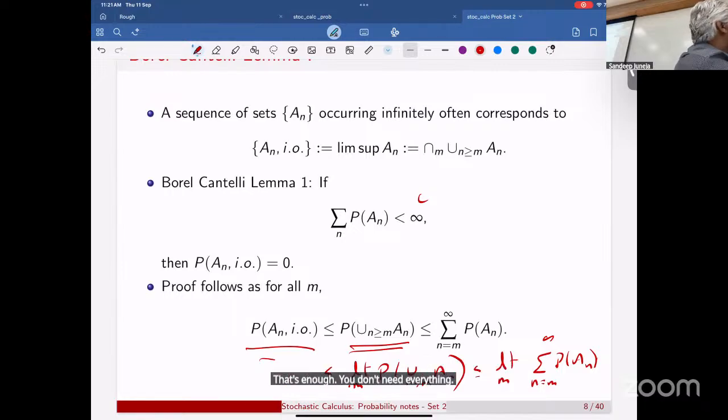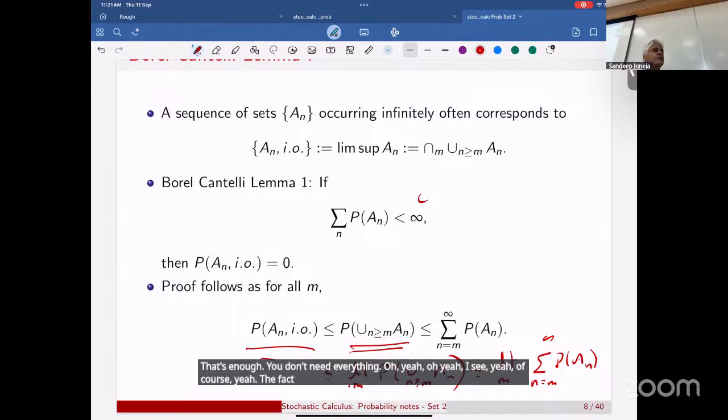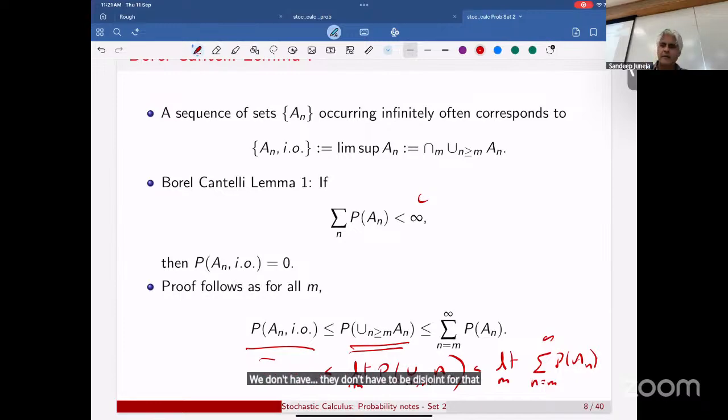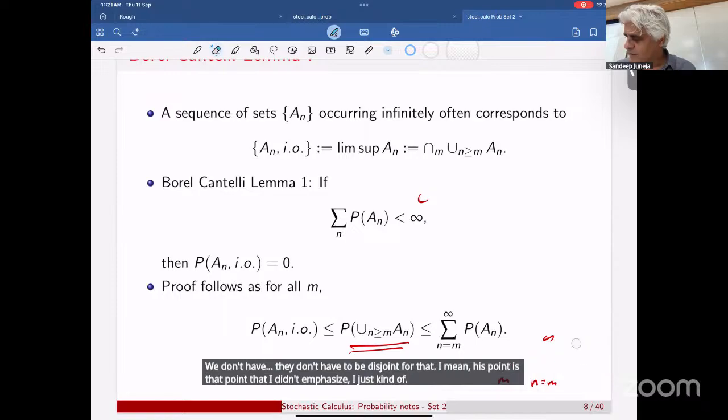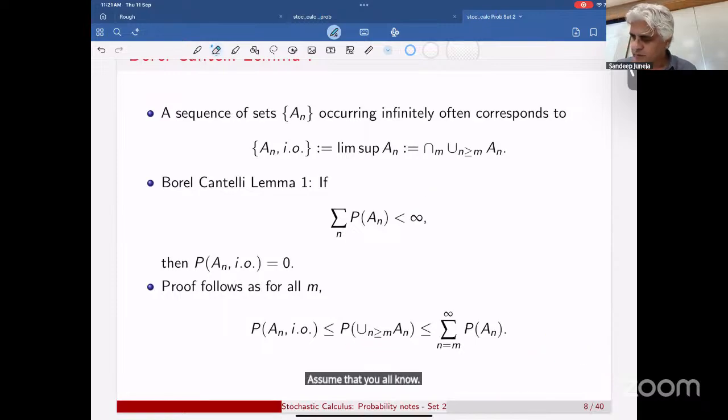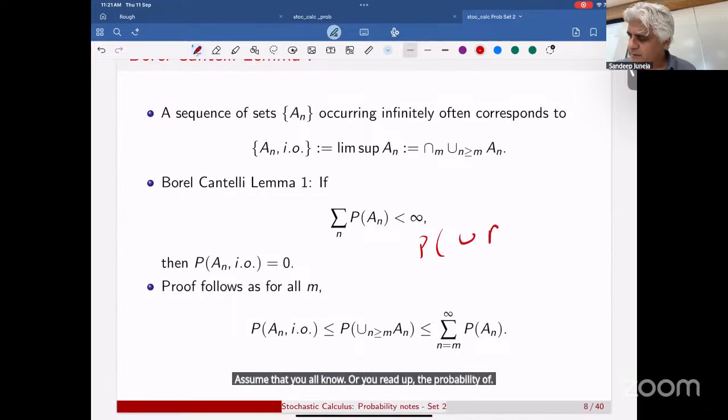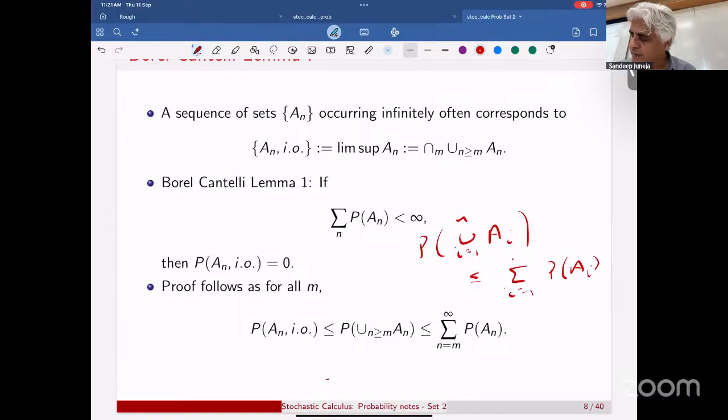You don't need anything more, the limits that you've written down by hand. The fact that the union is upper bounded by the summation is subadditivity. They don't have to be disjoint for that. His point is one I didn't emphasize; I assumed you know that the probability of the union over i equal to 1, 2, up to n is less than or equal to the summation of P of A_i.